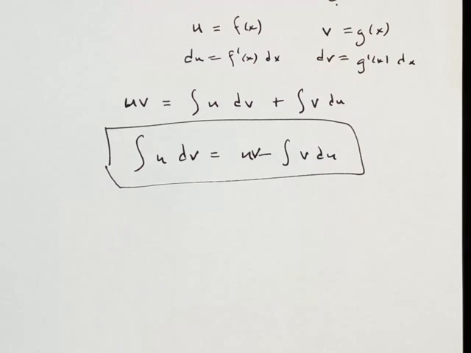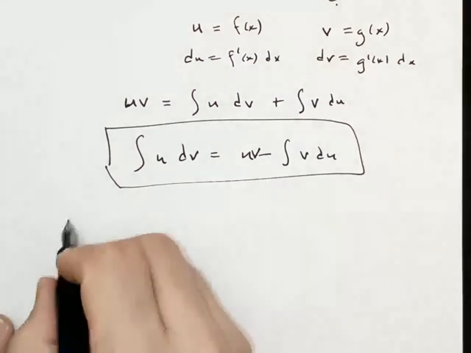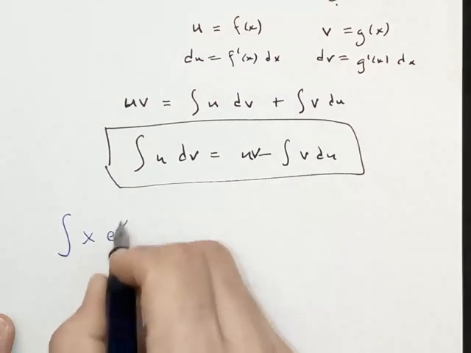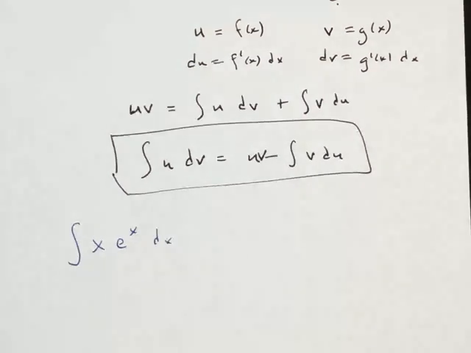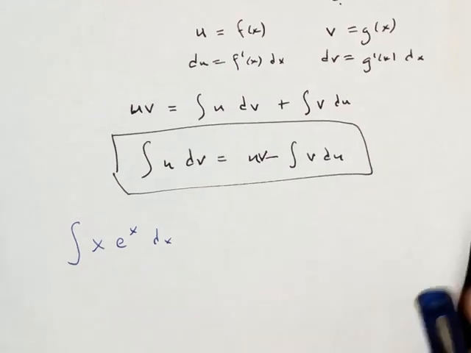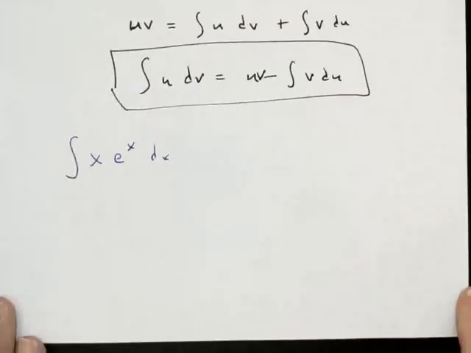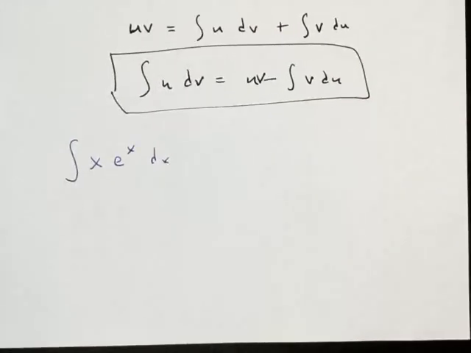Let's look at an integral that I have no way of identifying how to do with any substitution. There's nothing connecting the exponential e to the x with that x outside.